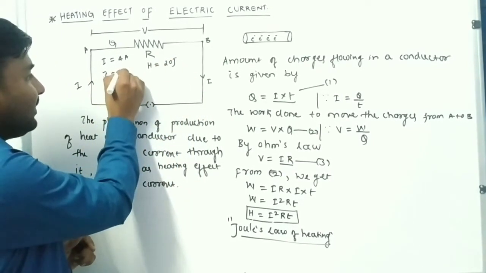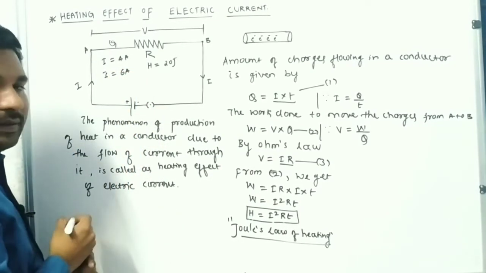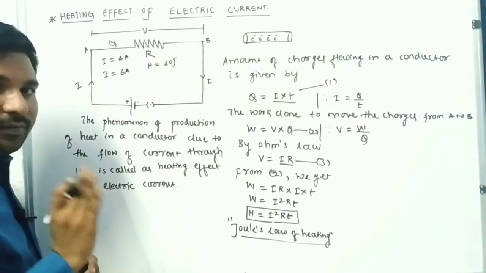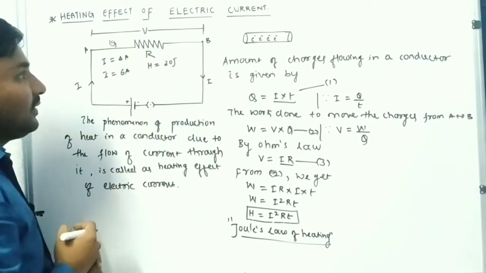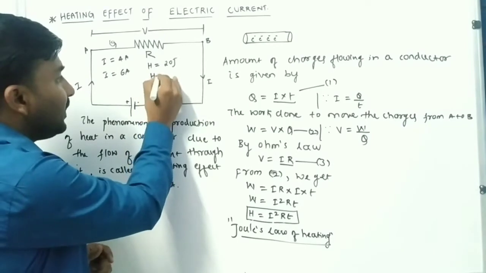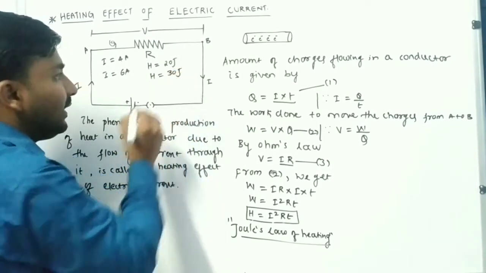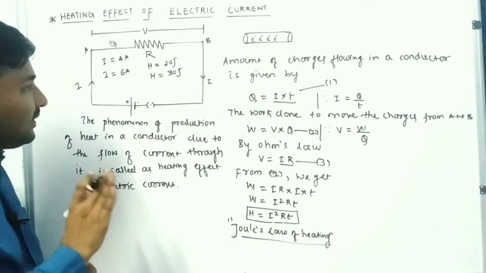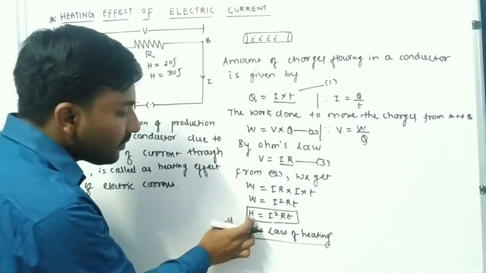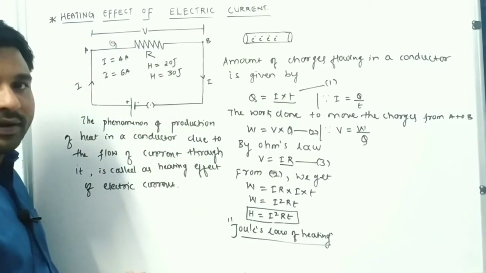If we increase the current, that is 6 ampere current flowing through the resistor, the conductor R, the heat produced in the conductor also increases, right? This is the meaning of this. The heat produced in a conductor increases. Are you getting this?